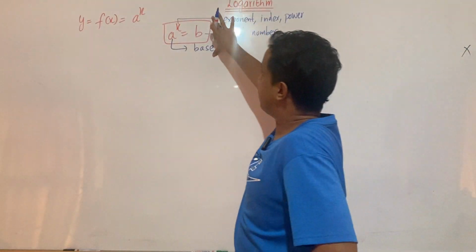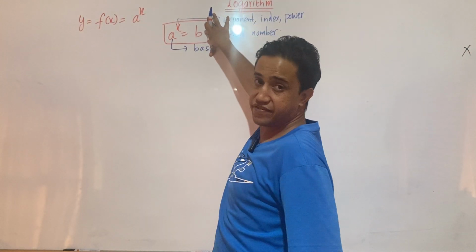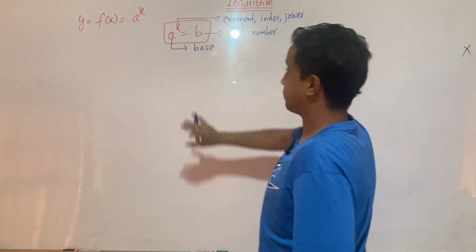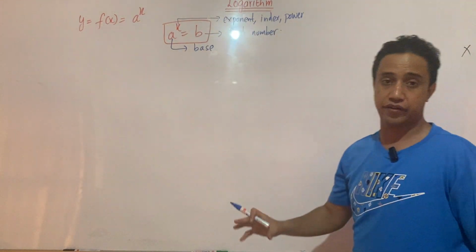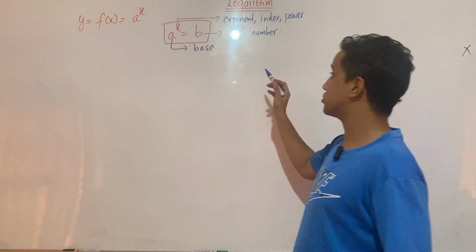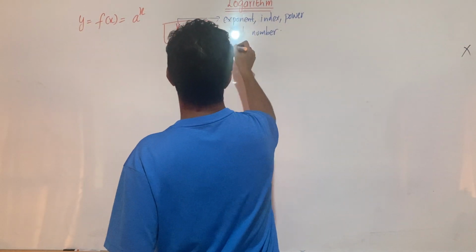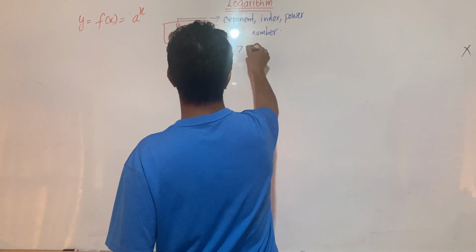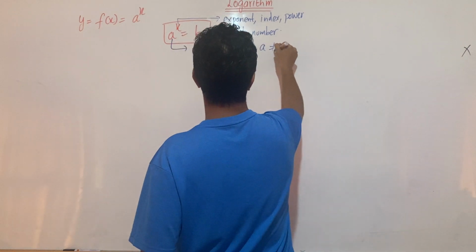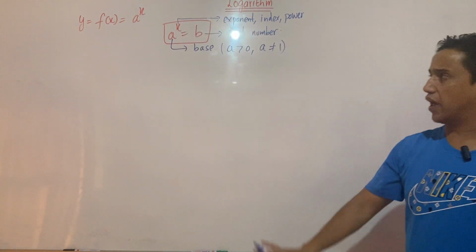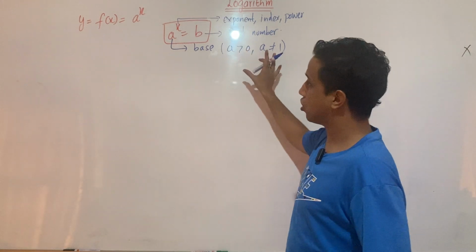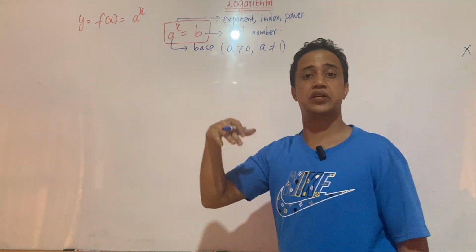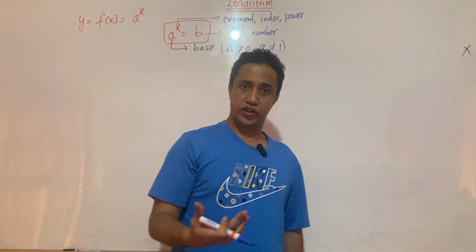So this is the definition of the exponent function, provided that there are some conditions on the base, which further says that your base must be greater than 0 and it should not be equal to 1. And we have talked about it in depth in the previous videos.